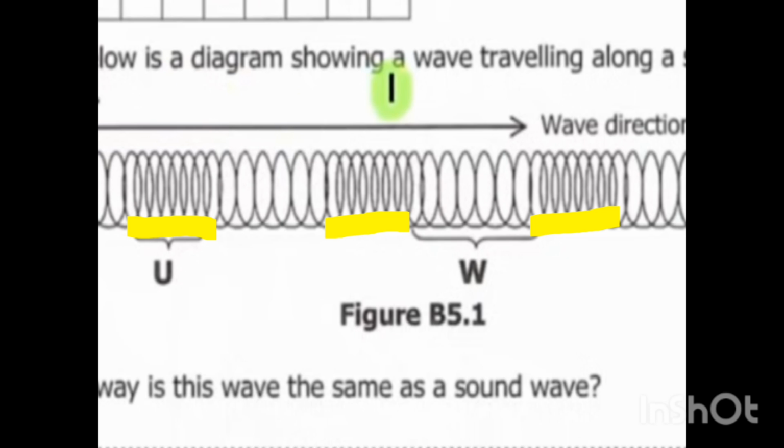Those are part U, and then there is part W. Part W is where the parts of the spring are stretching. You will notice this in a spring: there are parts which are being compressed and parts which are being stretched.